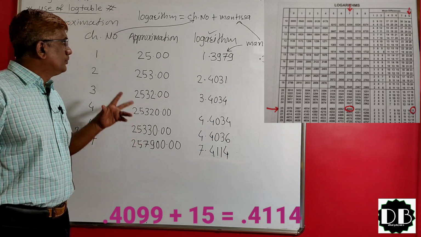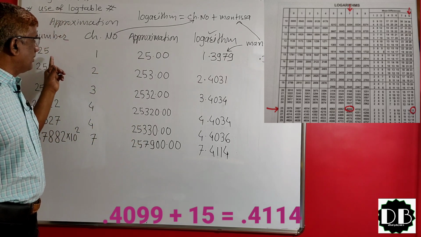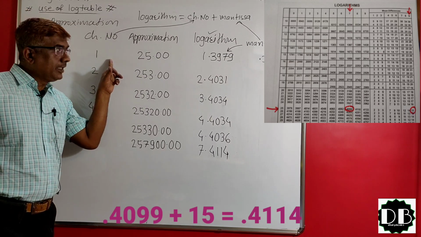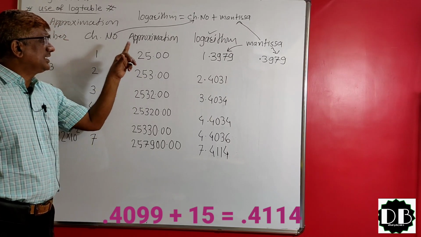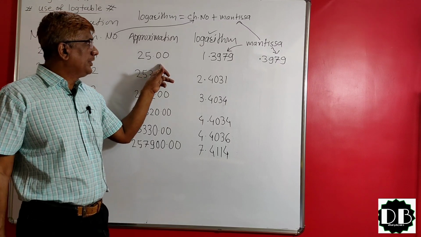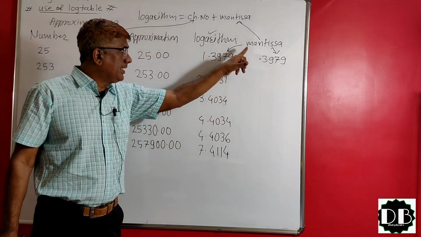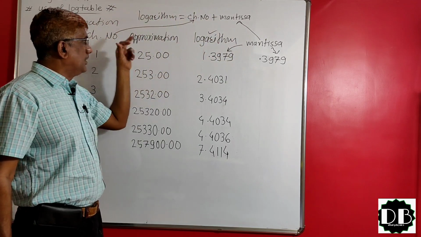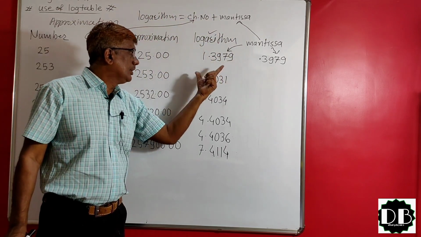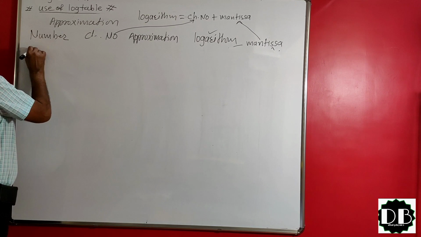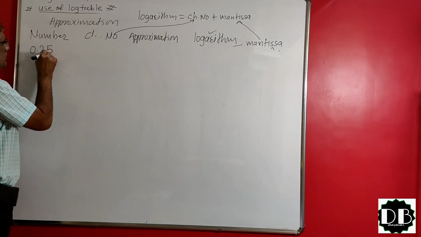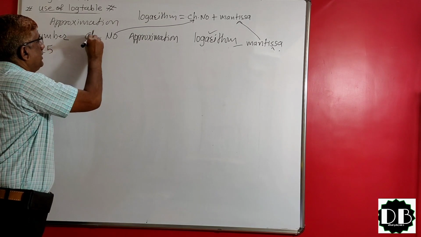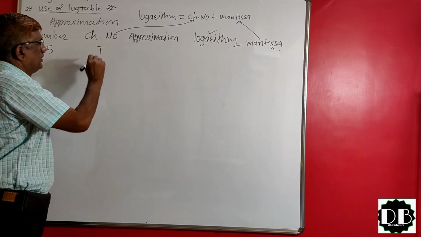For that, you must first focus on the number, bring out its character number, then if necessary make the approximation, and then see the mantissa. The addition of mantissa and character number finally gives you the logarithm. We have the number 25. Character number is bar 1.